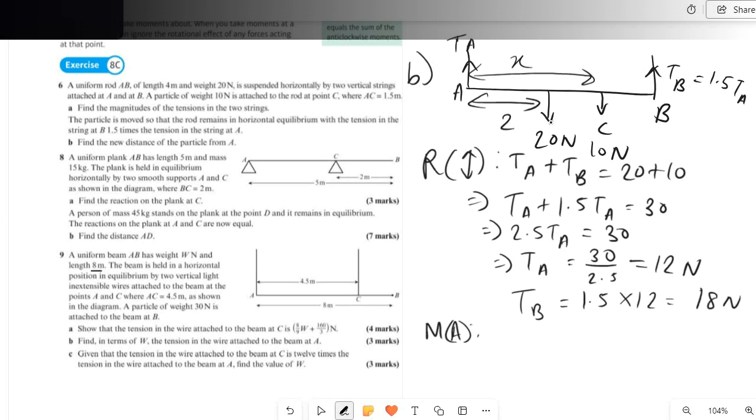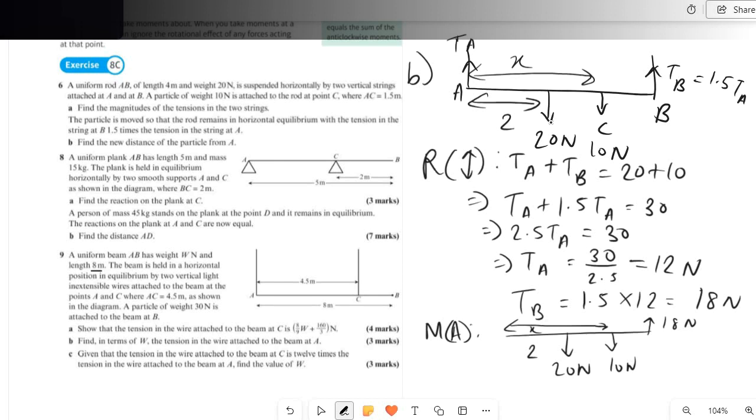So we can take moments from A. This is going to be 2 meters, which is 20 newtons. And this is 10 newtons, which is a distance x from point A. And here we have TB, which is 18 newtons at a distance of 4 meters.